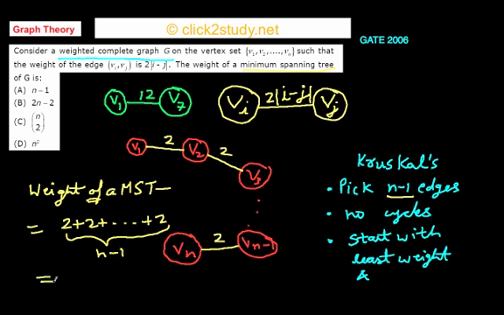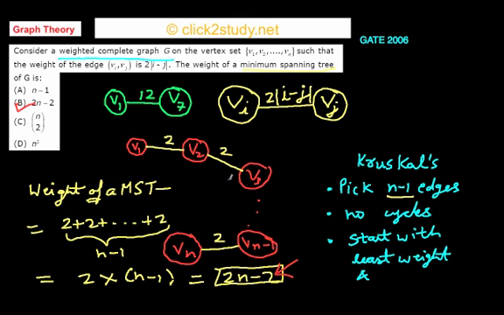So you are doing 2 times n minus 1, which gives 2n minus 2, and that is your answer. So option B is the correct option.